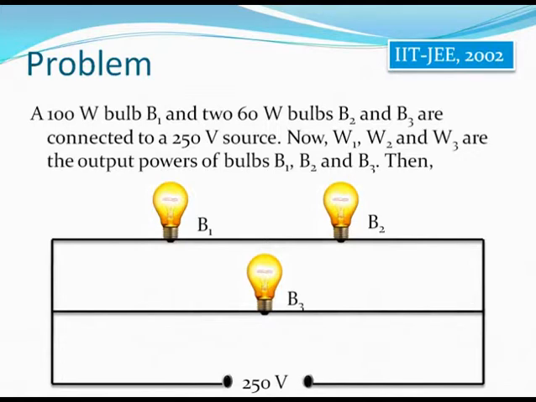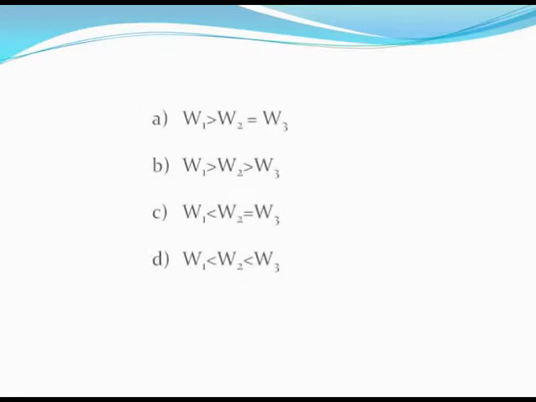Now W1, W2 and W3 are the output powers of bulbs B1, B2 and B3. Then: W1 greater than W2 equal to W3, W1 greater than W2 greater than W3, W1 less than W2 equal to W3, or W1 less than W2 less than W3.